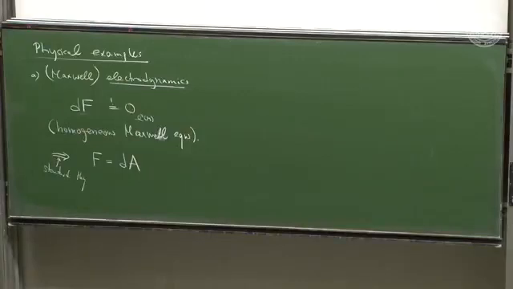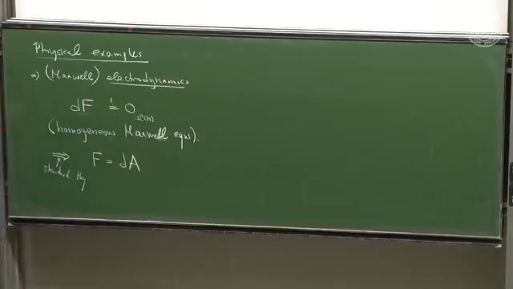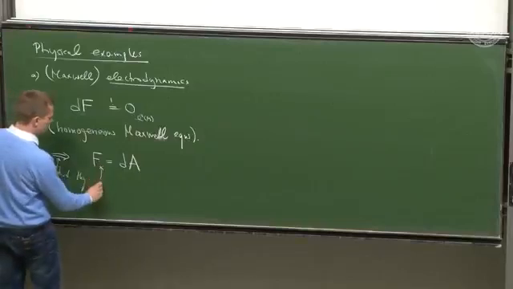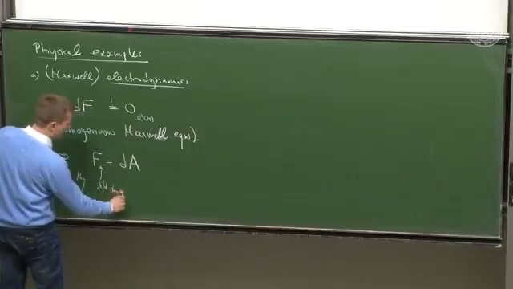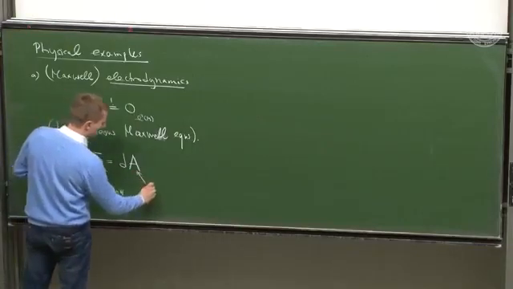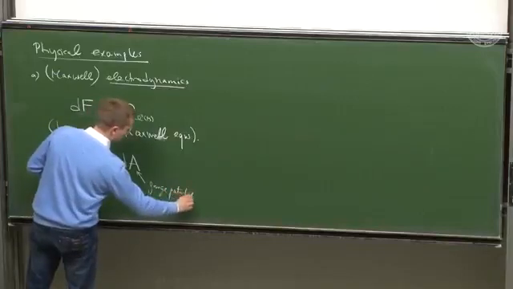Okay? So F is a 2 form, and now this can be written as this exterior derivative, and if this guy is called the field strength, this guy is called the gauge potential, or simply the potential.